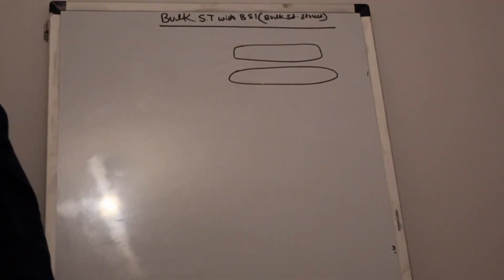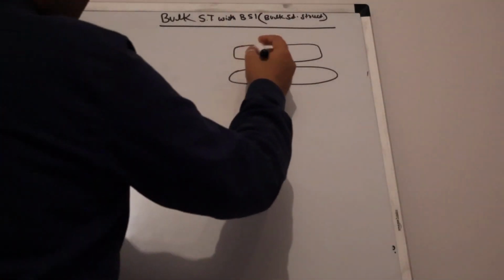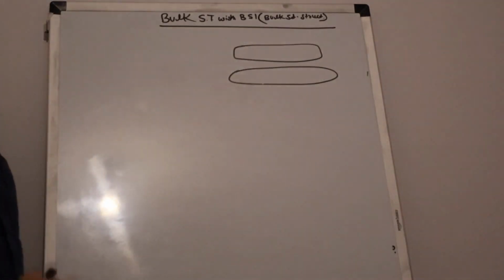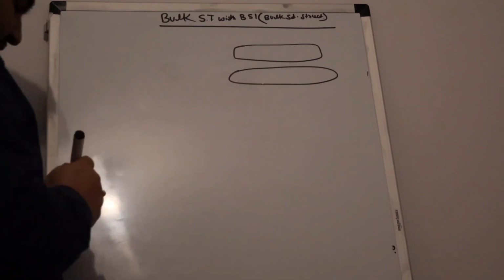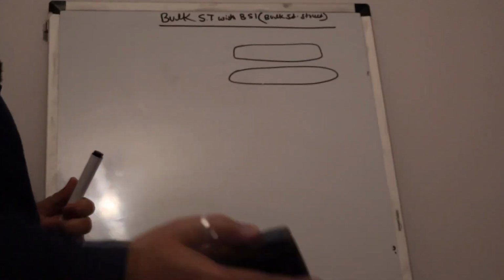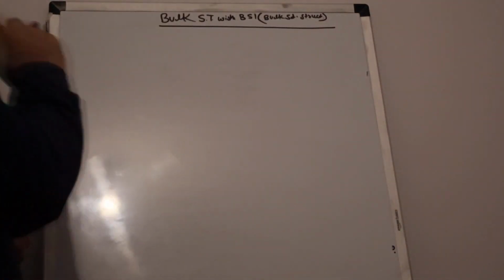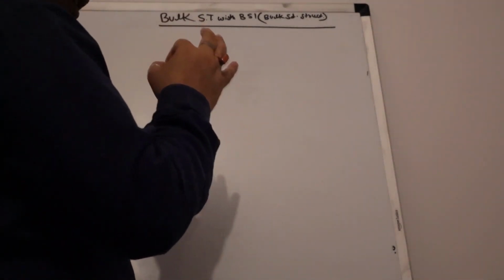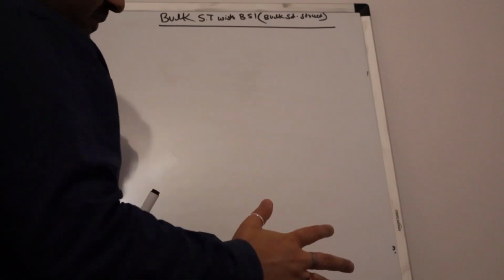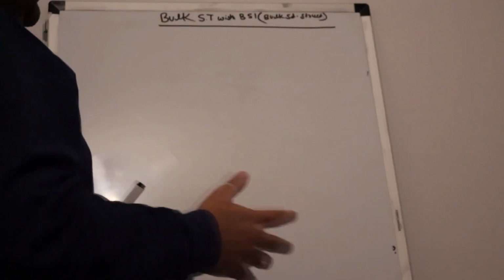How do we put these bags? Suppose we have this kind of bag in bulk quantity, not a small quantity, lots of bags. How will we manage this? In that situation we will implement the bulk storage type in the warehouse. So when we need to put bulk quantities of bags in the warehouse, we use the bulk storage type.